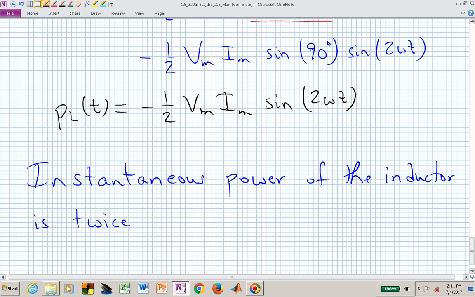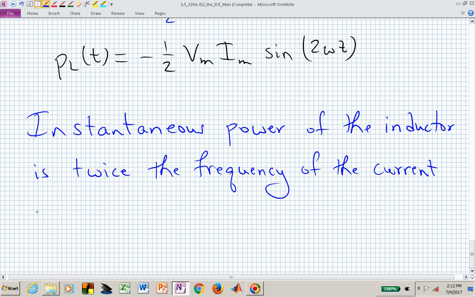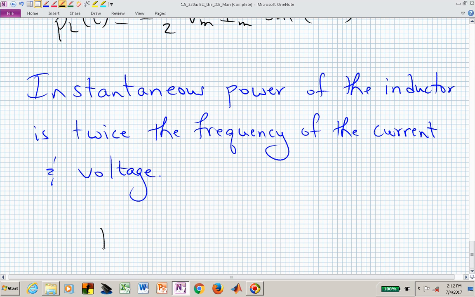So the instantaneous power of the inductor is twice the frequency of the current and voltage. And what can we say? The instantaneous power just keeps going back and forth. P sub L of t is oscillating, and it's oscillating at twice the frequency of the oscillation in the voltage and the current.